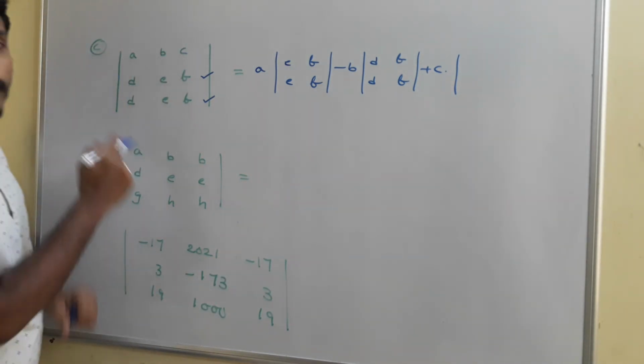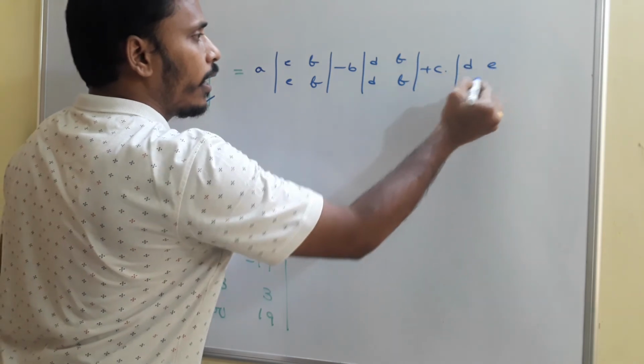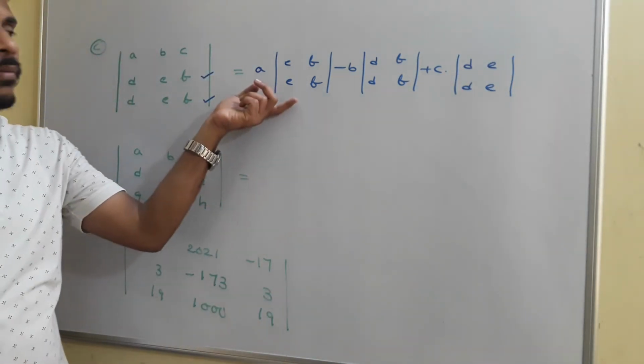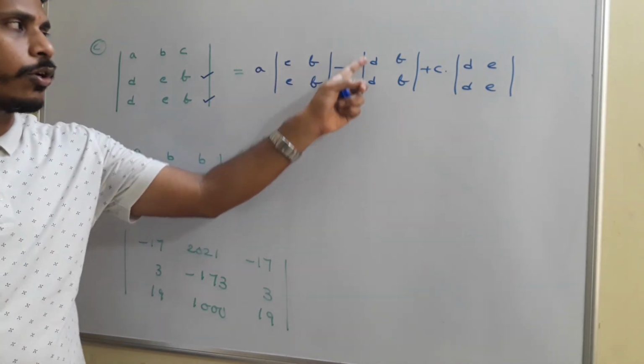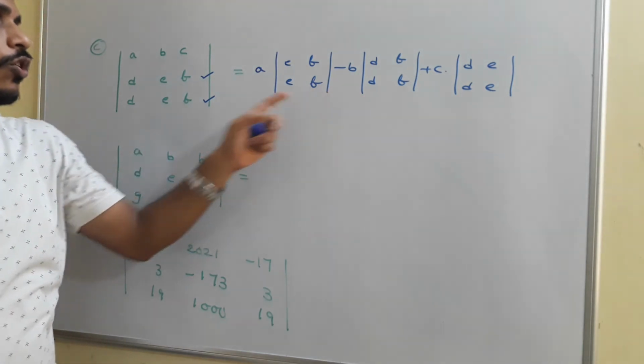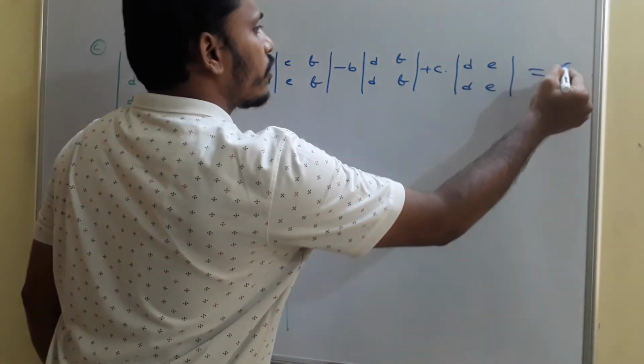So the remaining 4 elements are DE and DE. If you observe, for sure its determinant value is 0, and this is also 0, because it is DF minus DF, and DE minus DE. So 0, 0, 0, and at the end your answer is 0.